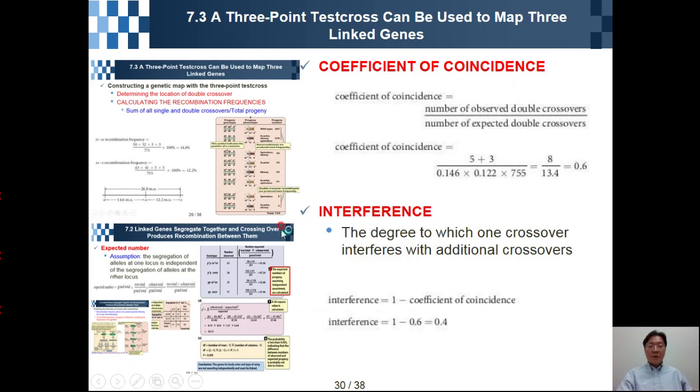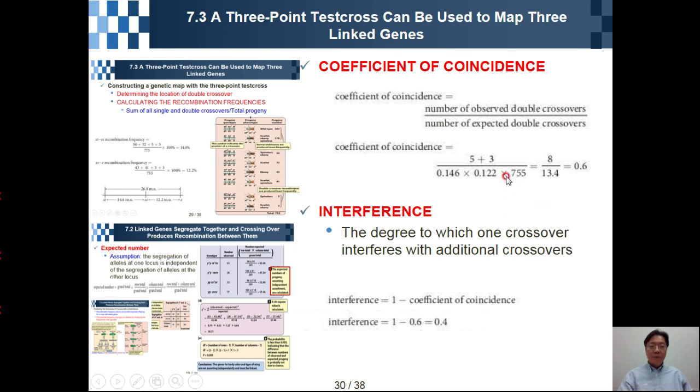In this slide, I will explain how to calculate the coefficient of coincidence. Coincidence means that the double crossover happens. The coefficient of coincidence is the number of observed double crossovers divided by the number of expected double crossovers. The number of observed double crossovers is 5 plus 3, and the number of expected double crossovers we already learned from here.